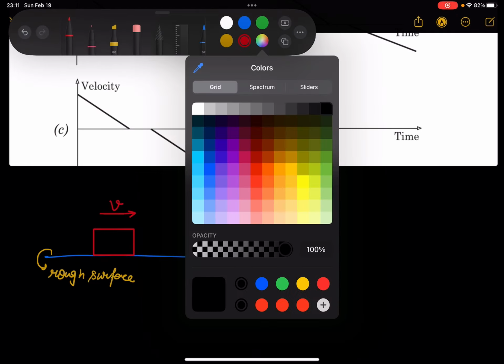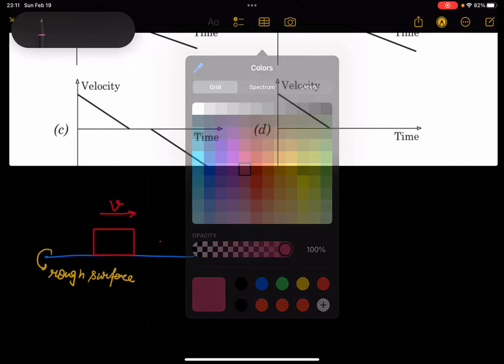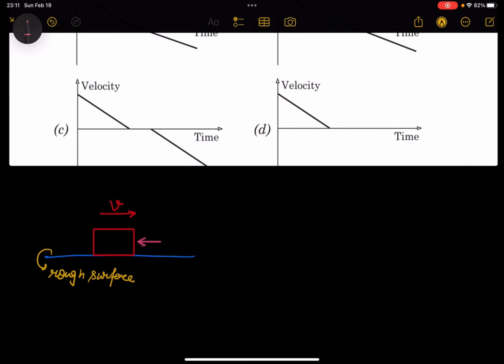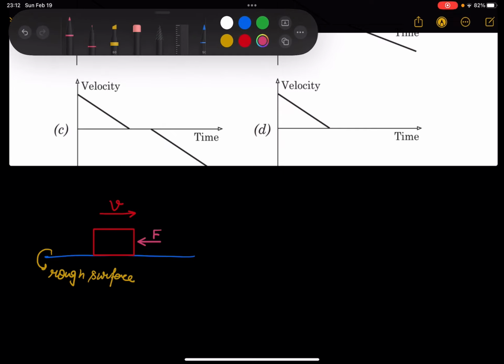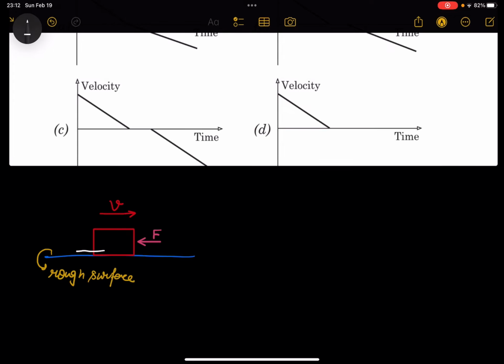So we apply one constant force F in the direction opposite to the block's motion. And because the block is moving, the rough surface also applies a force in this direction, that is called kinetic friction.